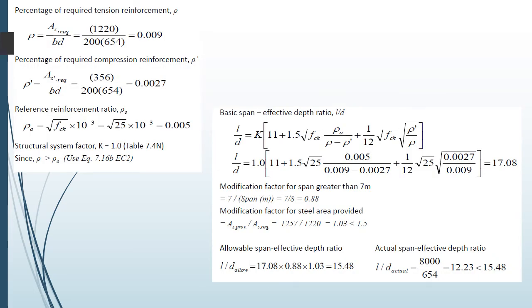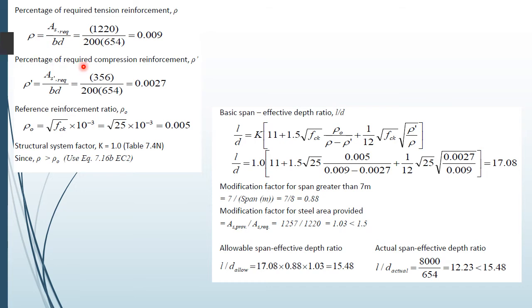First, we have to calculate the percentage of required tension reinforcement. So the formula is AS required divided by B times D. So we get 0.009.